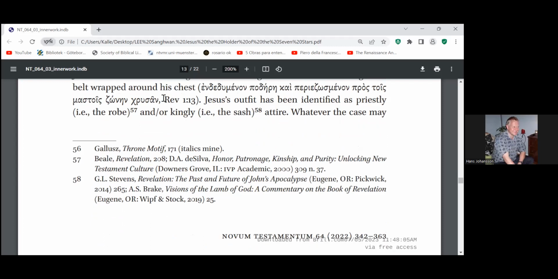Jesus's outfit has been identified as priestly and or kingly, the sash attire.